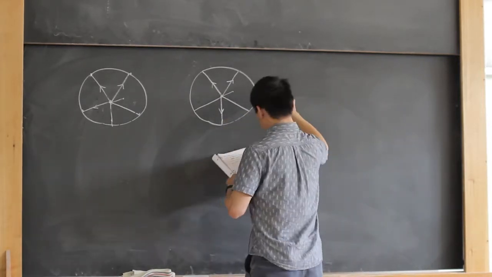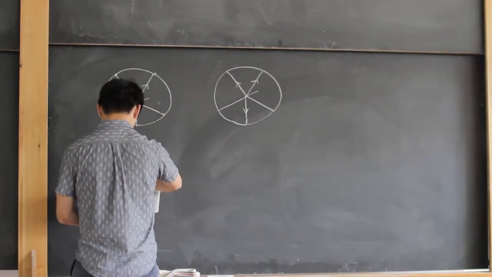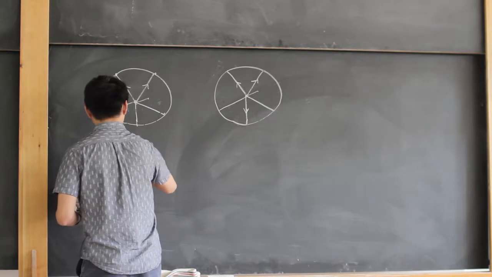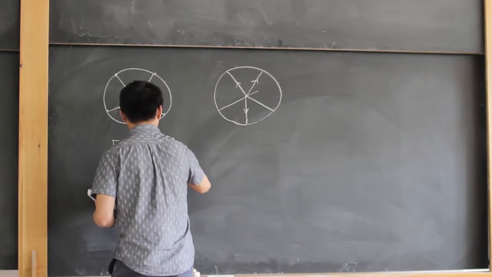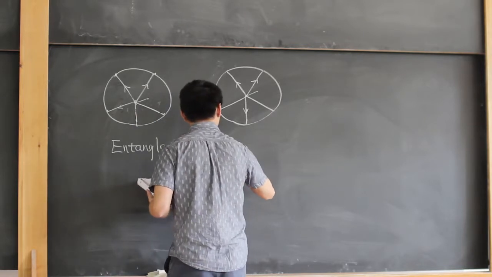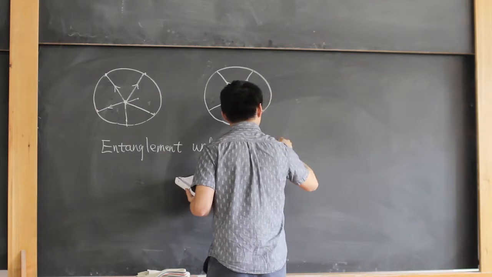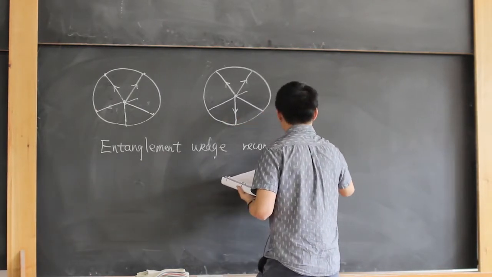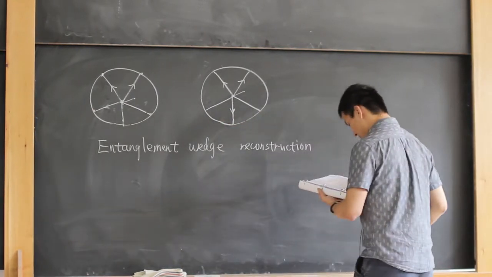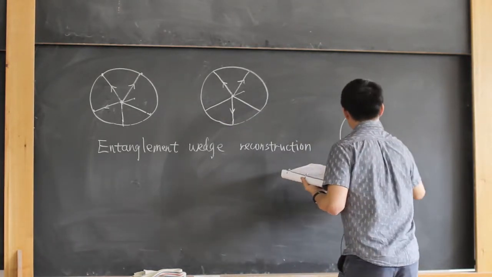So this will give something which is remarkably similar to the entanglement wedge reconstruction. I have not yet defined the entanglement wedge, but for the purpose that we're discussing now, let me loosely define the entanglement wedge in AdS/CFT using the following example.